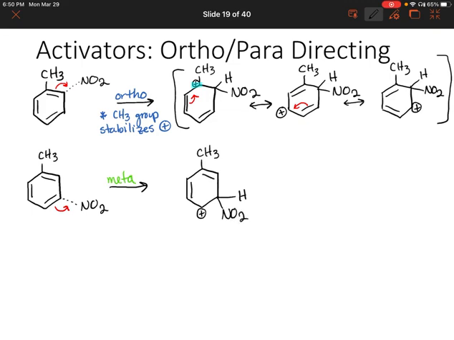Okay, so notice that the positive charge is not near that methyl group, that electron donating group. So the methyl group is not stabilizing that positive charge where it is right now. Let's draw our resonance structures and just see if that changes anything. Let's see if we can move it closer.